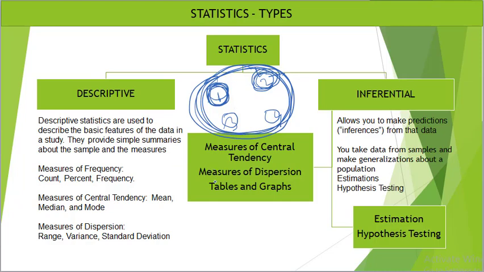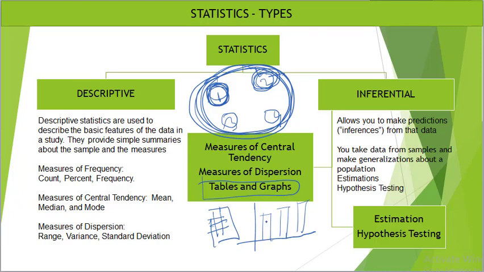Another thing which we primarily use in inferential statistics is tables and graphs. If this is a table, just by looking at the table you wouldn't be able to infer much more. But if you have a bar chart or a scatter chart, just by looking at the bar chart you would be able to see, oh, this is the greatest, this is the highest, this is the lowest.